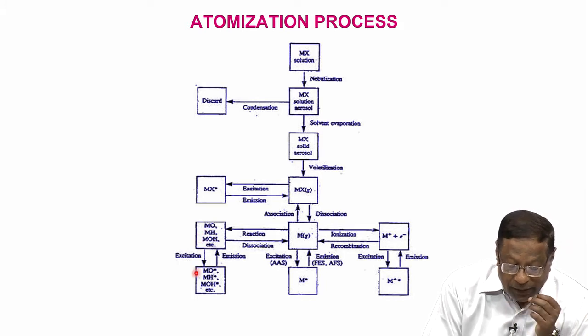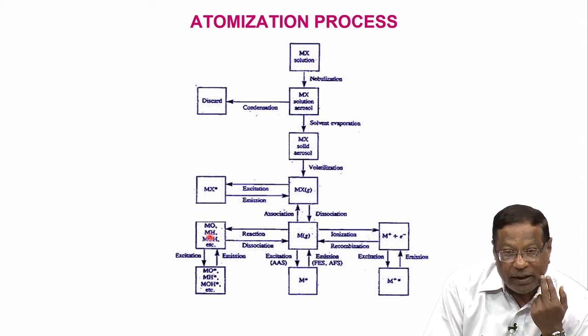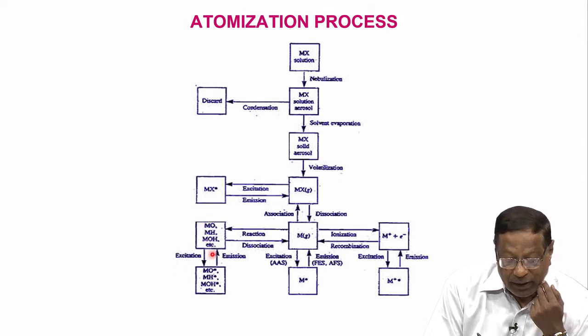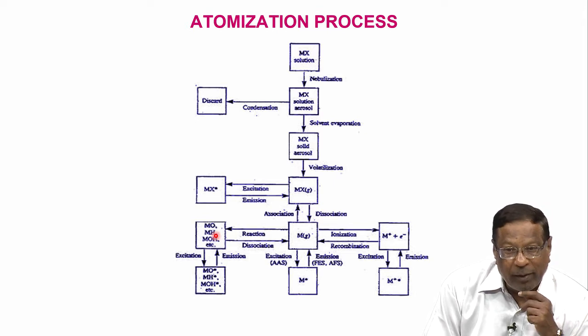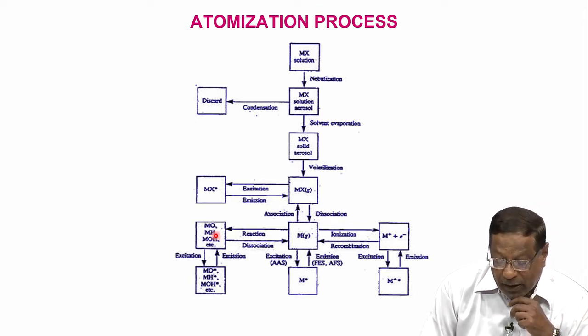So, there is a molecular excitation and emission process occurring in the flame for MO, MOH, MH, etc. This is again another equilibrium reaction which does not contribute to the atomic absorption measurement. Similarly, if the metal ions undergo excitation, there is not much atomic absorption here.